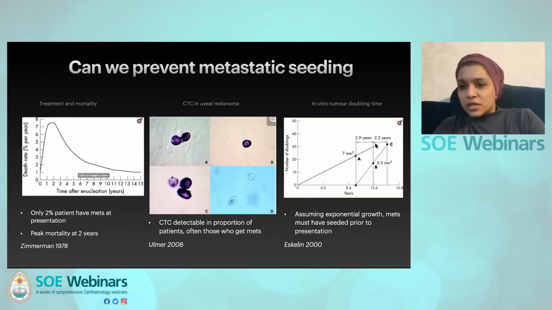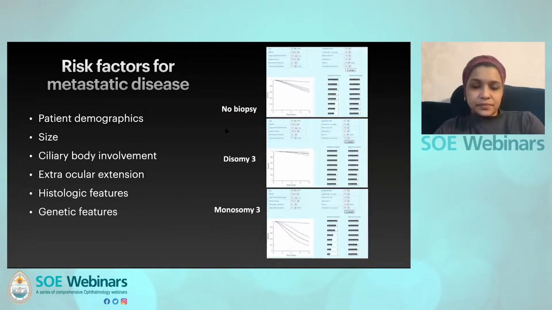We know that's not really the case in tumour cells, where they have different tumour doubling rates according to the blood supply and according to the environment around it. So I would challenge that thought process that we had in the past, that the event of metastatic threshold has happened in all the patients that present to us in clinic.